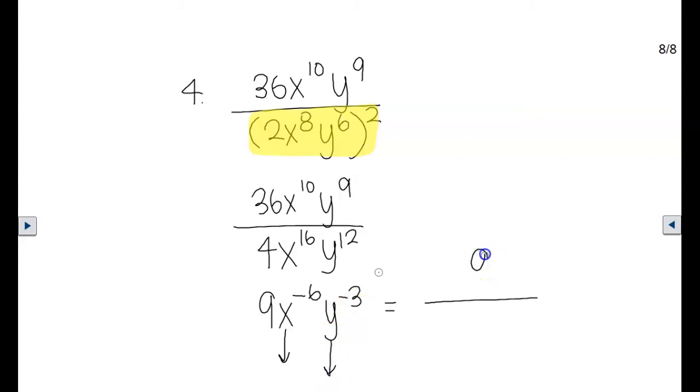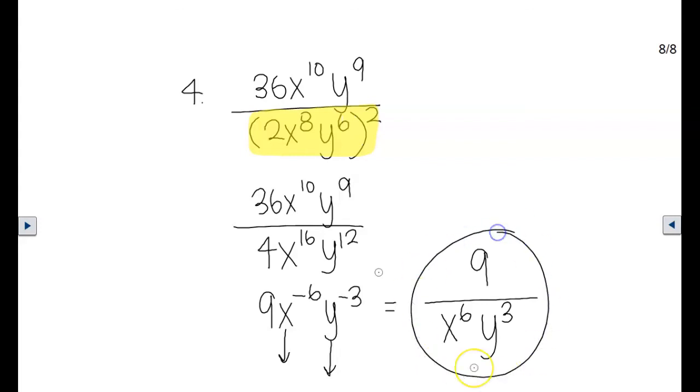So you're going to leave the 9 on top of this answer. And you're going to put x to the positive 6 on the bottom and y to the positive 3 on the bottom. So those negative exponents drop to the bottom and lose their negative. So this would be my final answer.